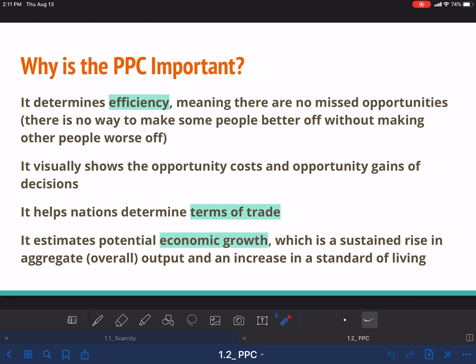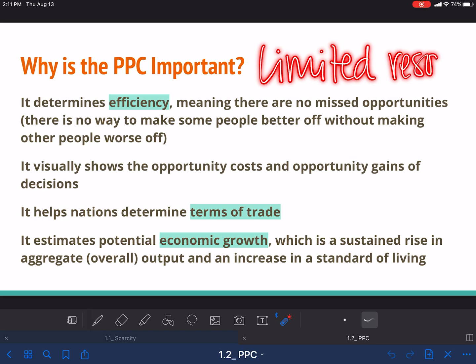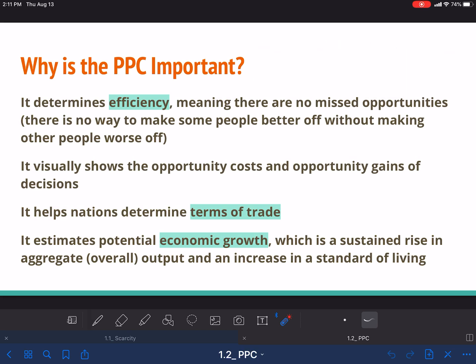So why is it important? Why is our PPC model, PPC curve important for us? Well, first, it determines efficiency. So this is going to show us how to make our nation efficient with using those limited resources. Remember, we're still talking about scarcity, and scarcity happens because of those limited resources, and we have to use those limited resources wisely in order to make easier choices.